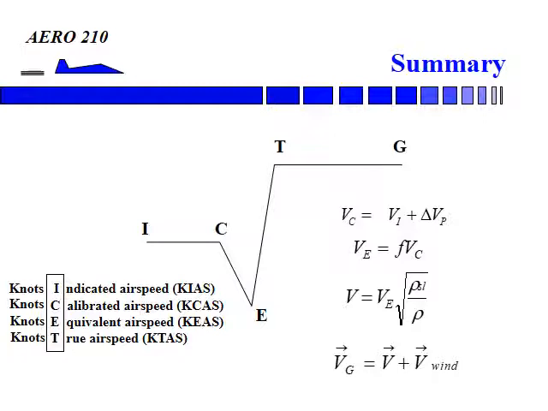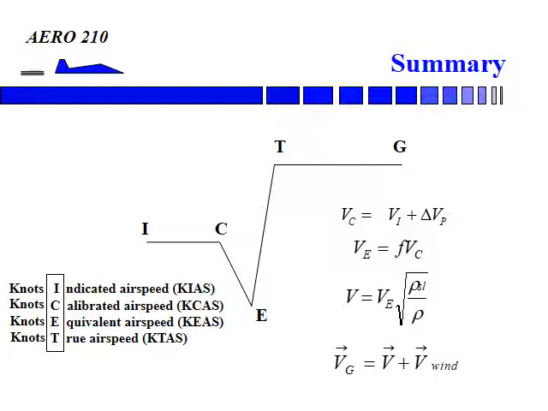The most important thing about this radical sign, though, is to remind us that equivalent airspeed should be the smallest of all the airspeeds unless we're flying at sea level. And so that's a good sanity check when you use your GFASICS methodology to go through and do an airspeed problem.